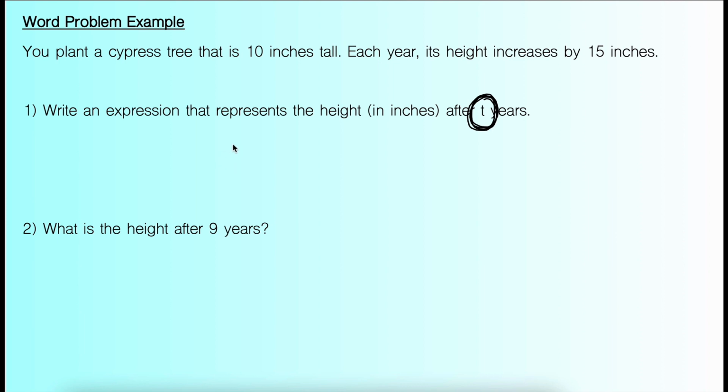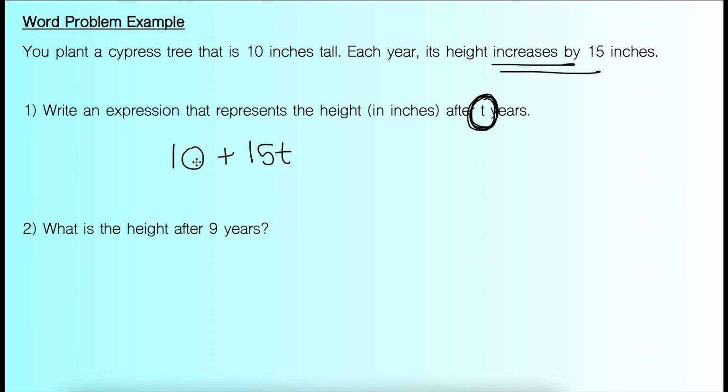All right, I came up with, you start at 10 inches tall, and every year your height increases, so it goes up, adds by 15 inches each year. So 15 inches times t. Let's say we wanted to know how tall this tree is after a year. I could plug in 1 for the years. It grows 15 inches per year, plus it was already 10 inches.